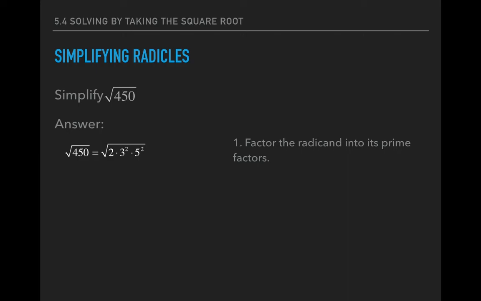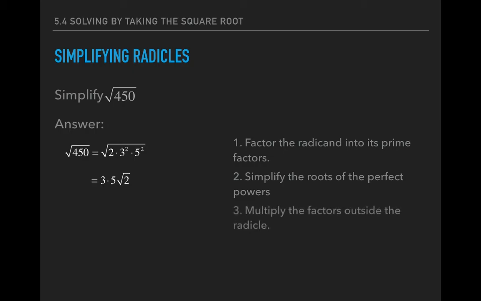But essentially what's happening is square rooting a square allows it to come outside, which looks like 3 times 5 on the outside, and square root of 2. 2 was not able to come outside because it did not have a friend. It was not squared. And then we can simplify, and that gives us 15 times the square root of 2. That is simplifying radicals, and we're going to do that a lot in the coming lessons.